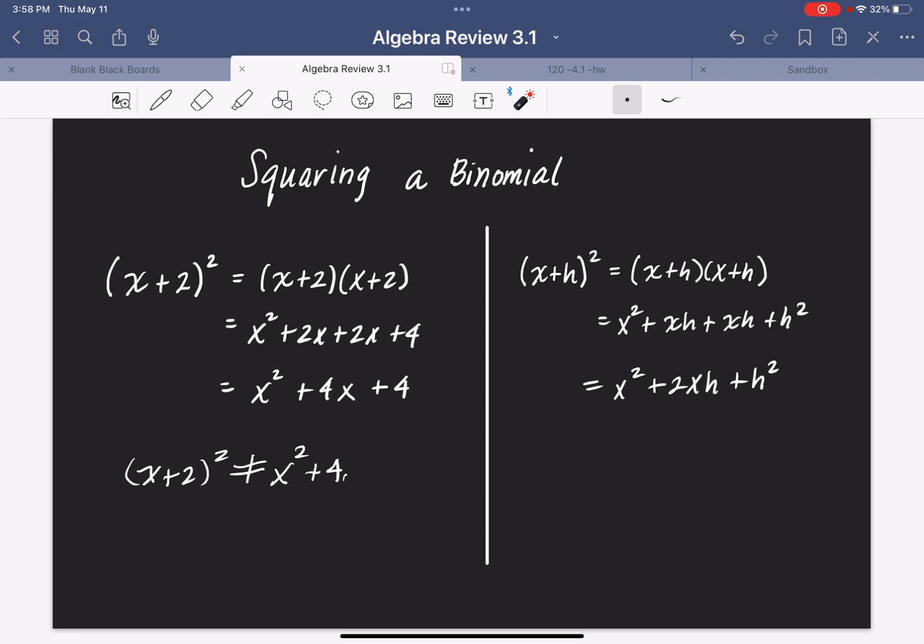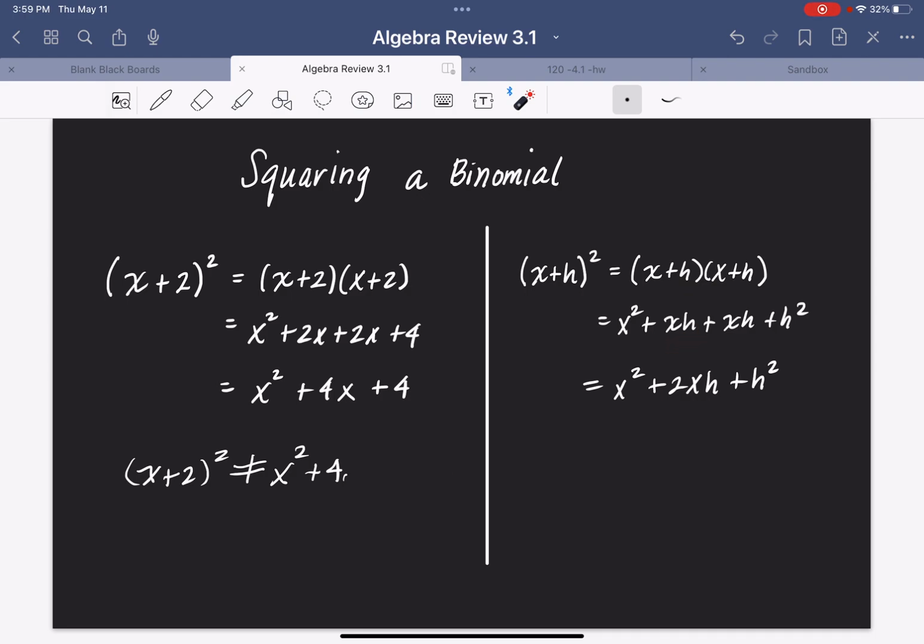Here's the second example, and we're going to need this particular binomial squared a good bit in a later lesson. x plus h squared means x plus h times x plus h. So it's x squared plus xh plus xh. hx and xh are the same thing. It's like 2 times 3 is equal to 3 times 2.